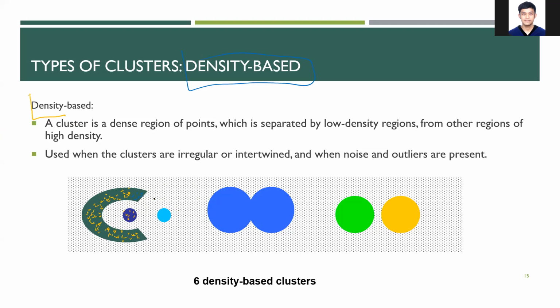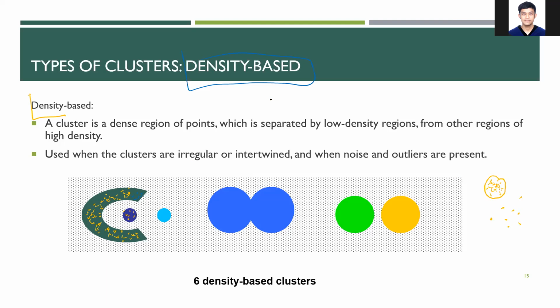So here, if we read, a cluster is a dense region of points. For example, this is so close, and this is a little bit far, like this. Usually this data will be grouped together because they consider the density.